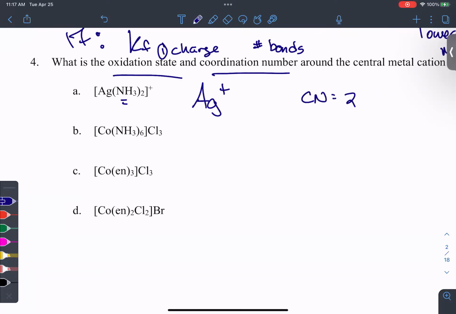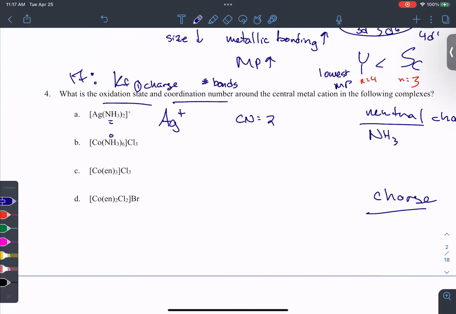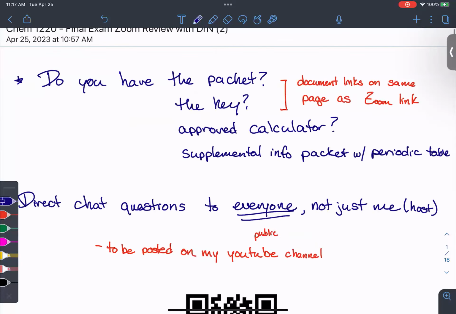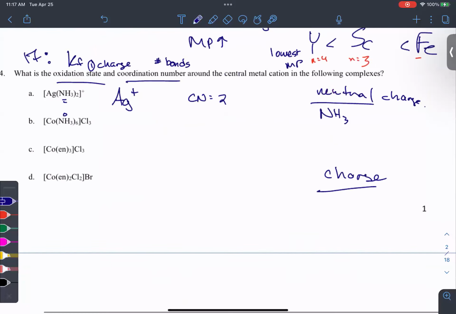Okay, so let's do the next one. We have ammonia again. Those ammonias are charge neutral, but it looks like there are some chlorides attached there. Chlorides, when they're in ionic compounds, what is their charge? -1. So chloride is an example of something that's -1.